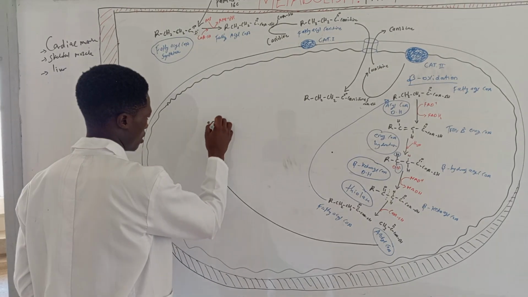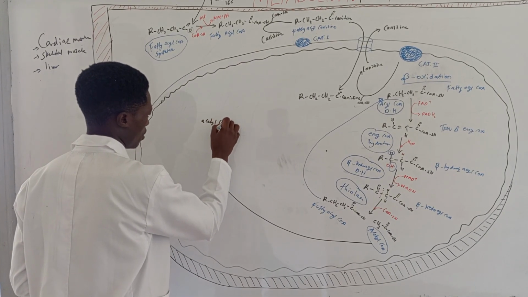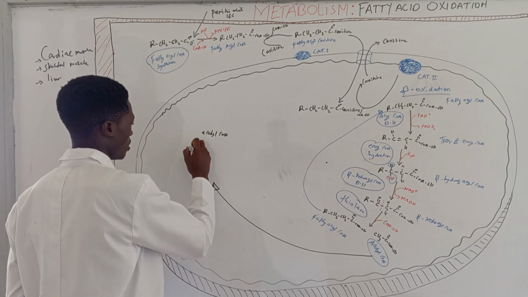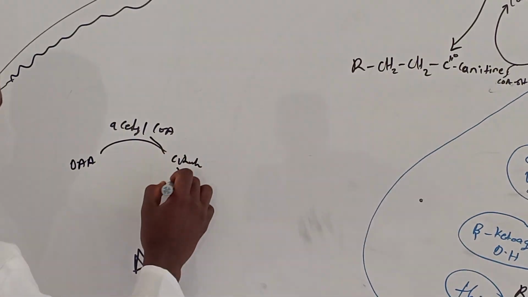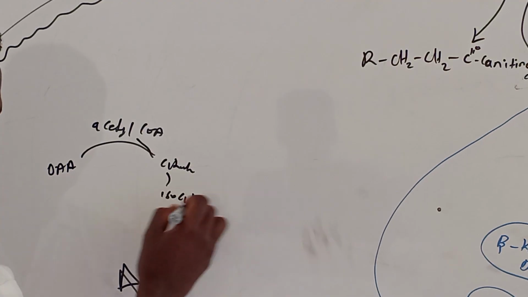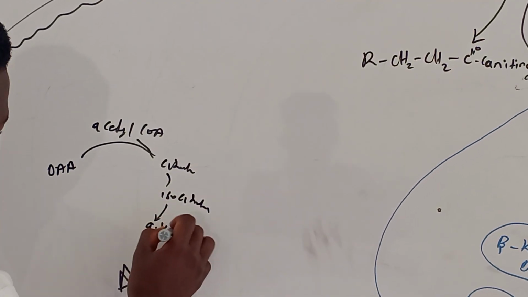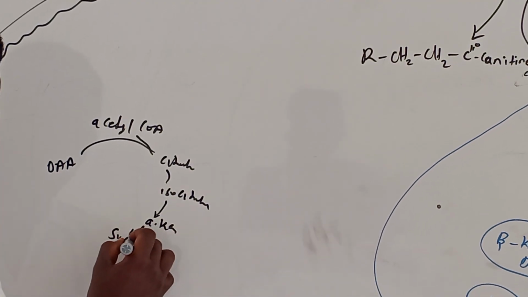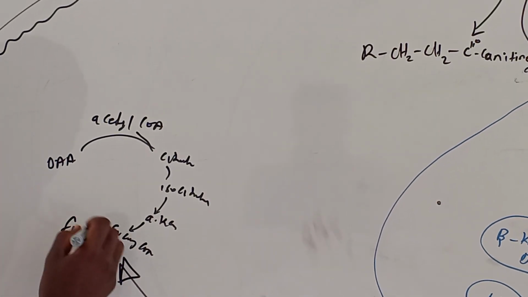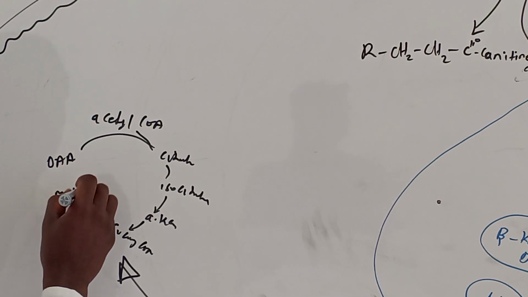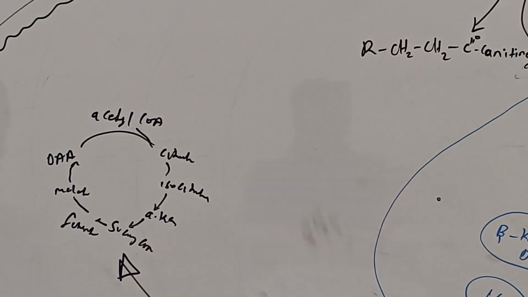Acetyl CoA is going to join the molecule of oxaloacetate, then form citrate, then isocitrate, then alpha ketoglutarate, then succinyl CoA, then fumarate, then malate, then oxaloacetate.